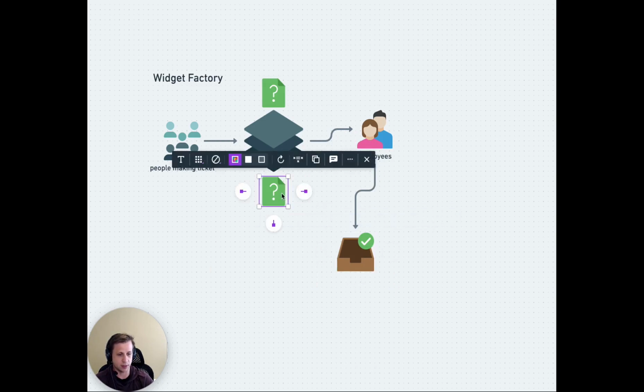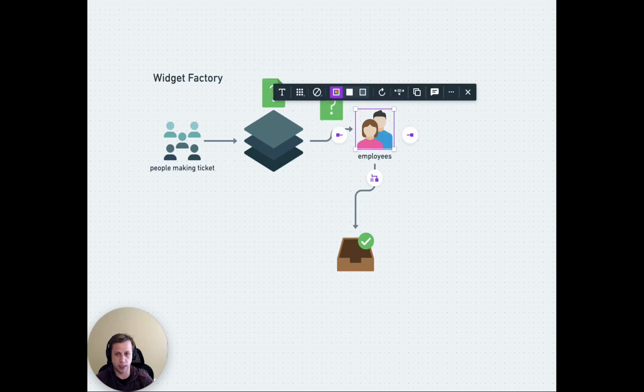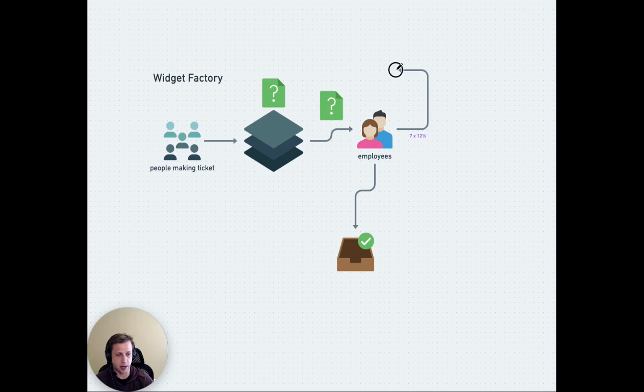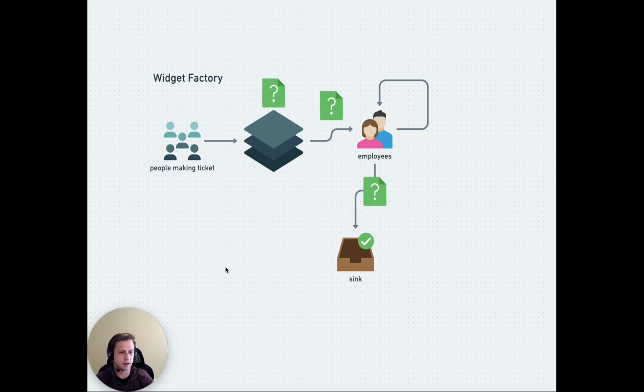Employees pick up the oldest ticket from the bottom of the queue. They work on it for a little bit. Maybe I can express that as an arrow connection to self here. And then when the ticket has been solved, it'll be collected somewhere. So we'll call this our sink. And this gives a basic idea of how we want to model the process.